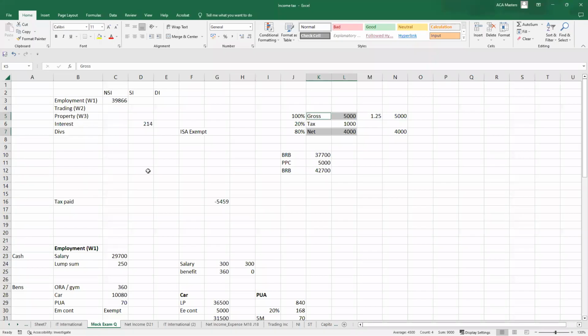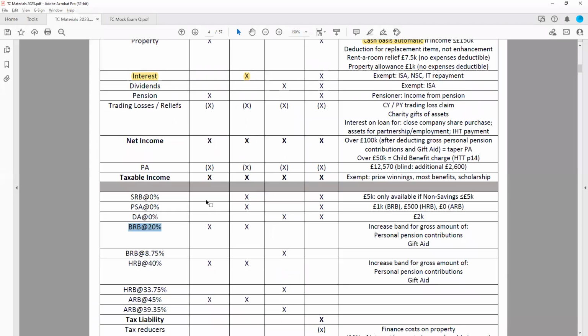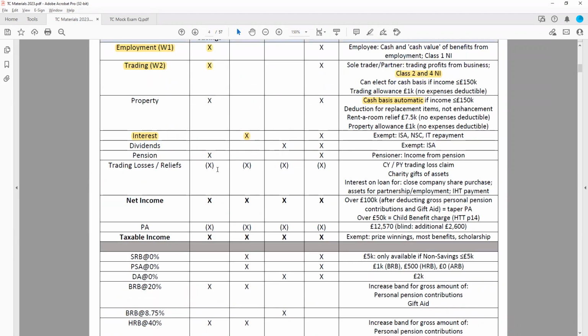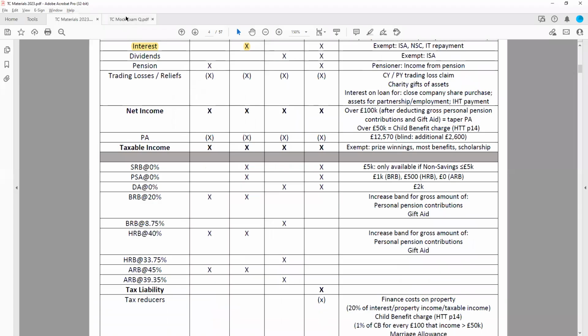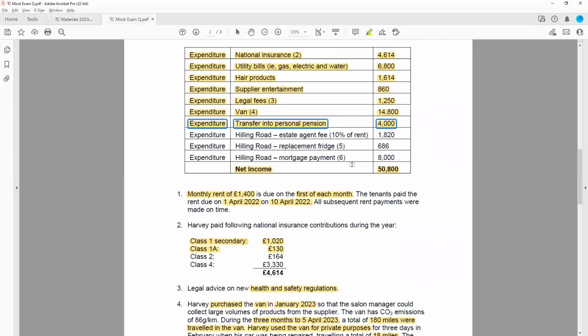But then what we need to do in the tax exams is extend the basic rate band and also the higher rate band, by the same amount. So then they end up saving tax at their top rate of tax. Everyone has their basic rate and higher rate bands extended, but of course you only benefit from that if you are a higher rate or additional rate taxpayer. So it's very important that you understand how the two different types of pension work.